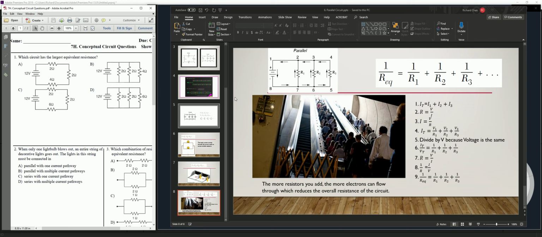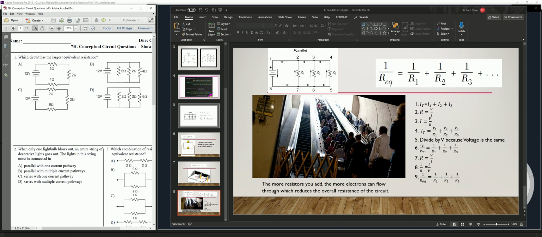And I gave you this analogy in the parallel circuits lesson, right? The more pathways that you have for electrons, the less bottlenecked those electrons will be. If you add more escalators for these humans, more humans can travel through.